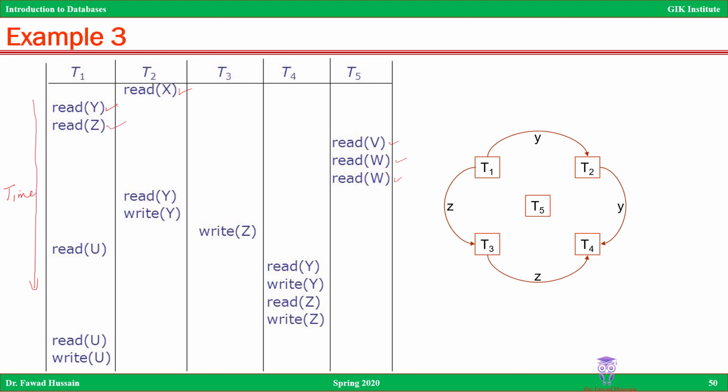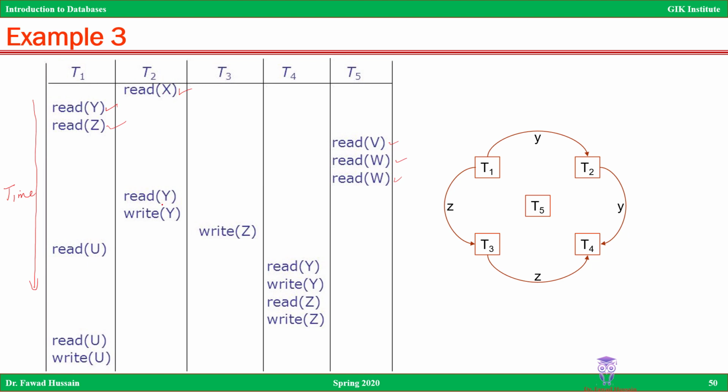V, W, W. Nobody else is in fact talking about V or W. So this means that T5 will not have any conflict with anybody else, because nobody else in the whole schedule is talking about V or W. That's why you see T5 as a separate or an isolated transaction over here that has no precedence with anybody else.